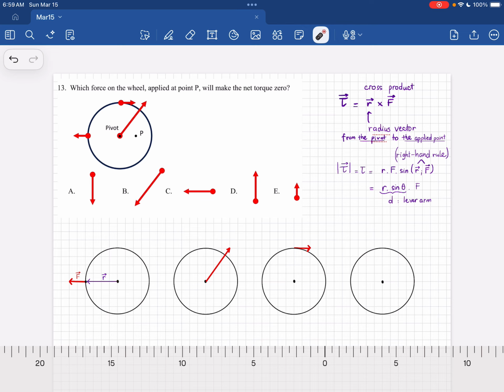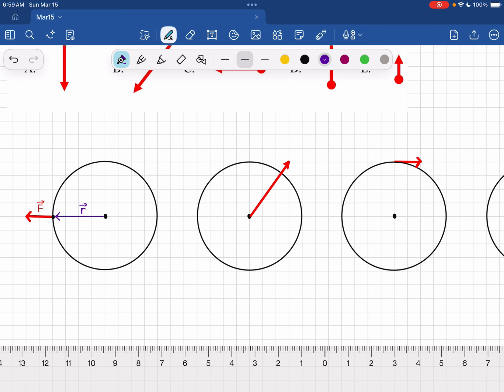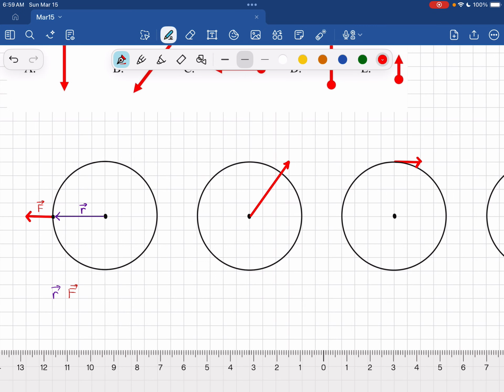So what is the angle made between them? 0, right? Yes. So the angle theta just turned out to be 0.